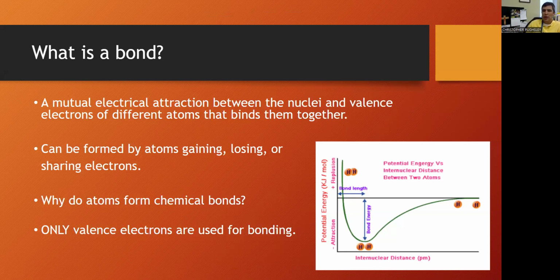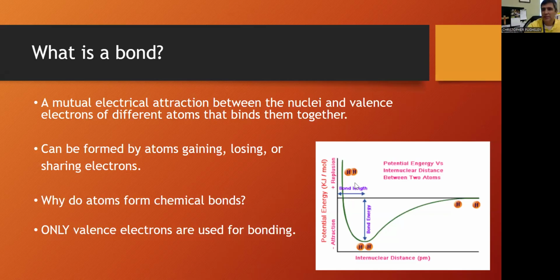Now, which one requires the least energy? One, two, or three? You'd say two, and that's where the atoms are held together and bonded together. Whereas atoms that are separate actually require more energy to be separate.